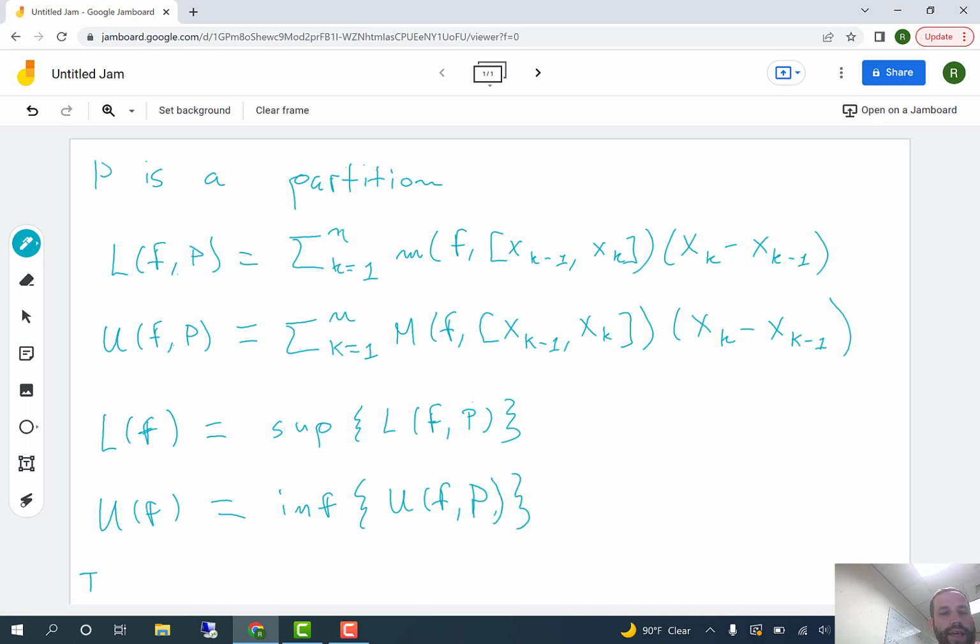And if the lower Darboux integral is equal to the upper Darboux integral, then we say f is integrable, and the integral of f from a to b is equal to this common value, L(f) = U(f).